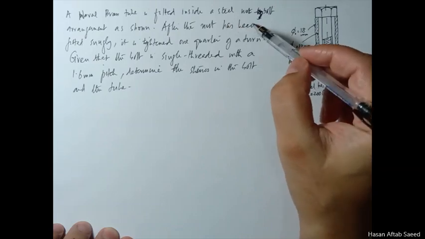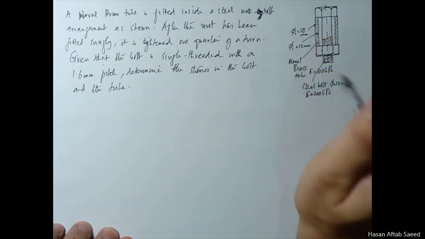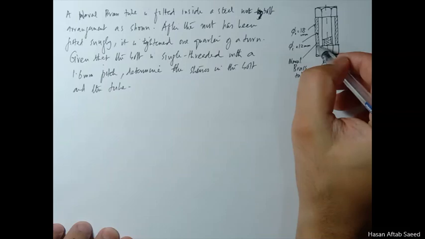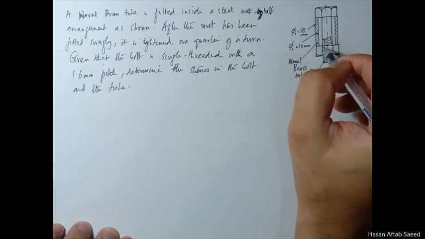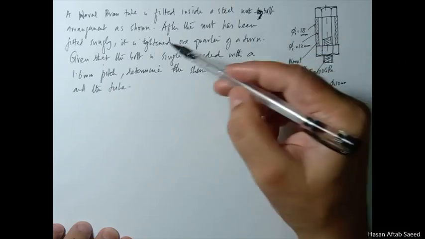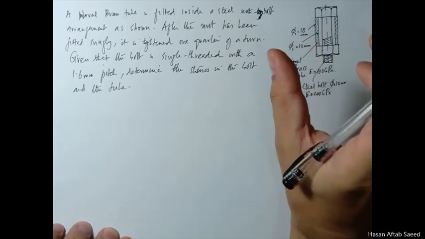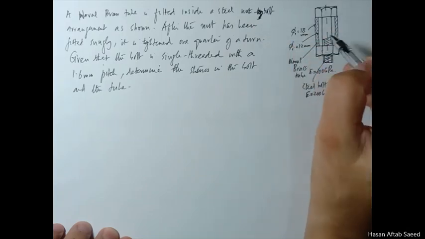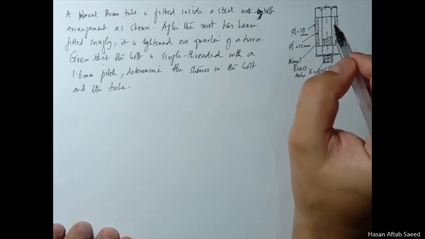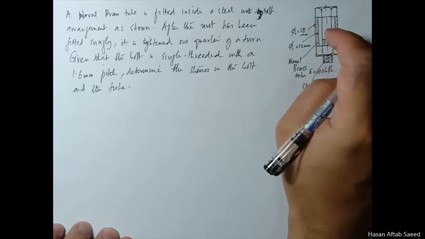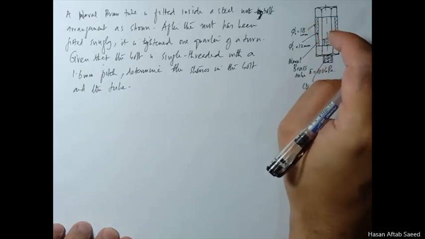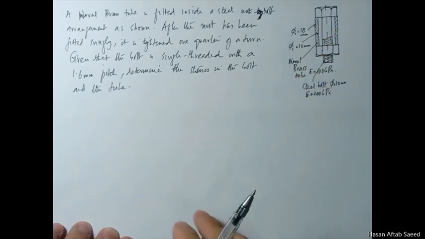After the nut has been fitted snugly, you have just rotated the nut so that it touches the tube. You're not applying any forces here. That is a snug fit. It is tightened 1/4 of a turn. Once it is touching the tube, now you apply 1/4 of a turn, so you are basically squeezing the tube. Given that the bolt is single threaded with a 1.6 millimeter pitch, determine the stress in the bolt and the tube. So this is the question.